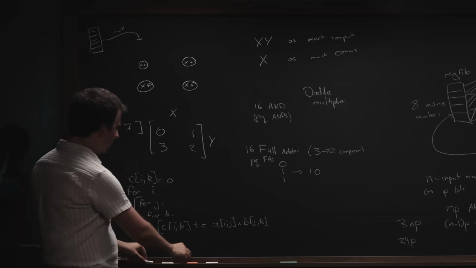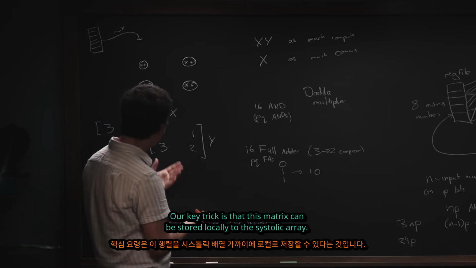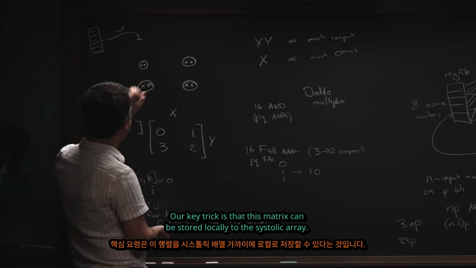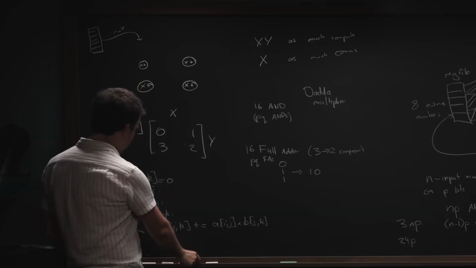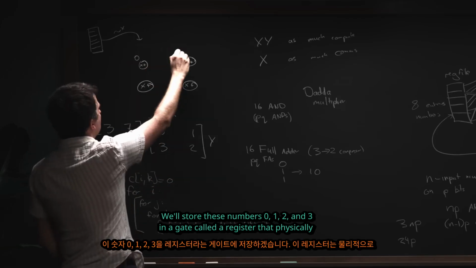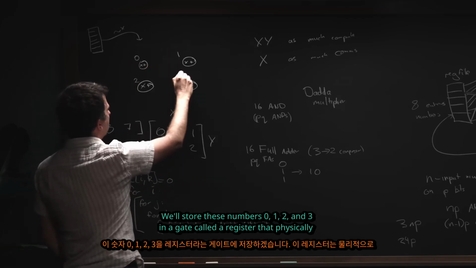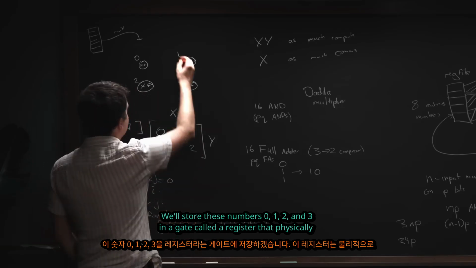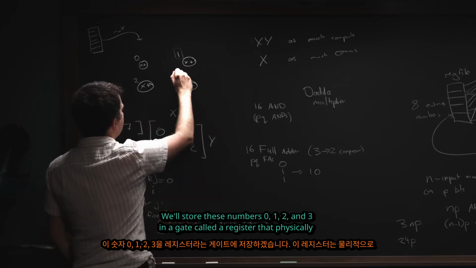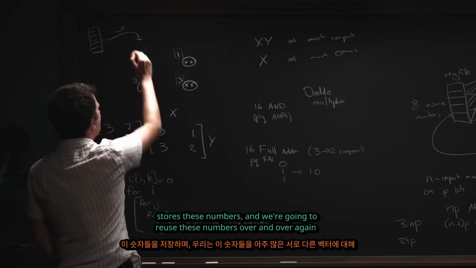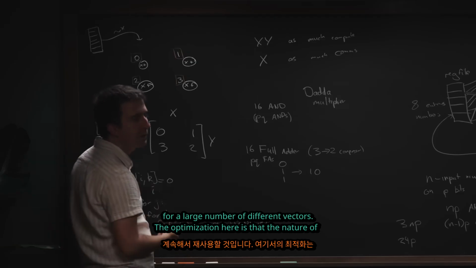And so instead, our key trick is that this matrix can be stored locally to the systolic array. Where we'll store these numbers 0, 1, 2, and 3 in just like a gate called a register that physically stores these numbers, and we're going to reuse these numbers over and over again for a large number of different vectors.